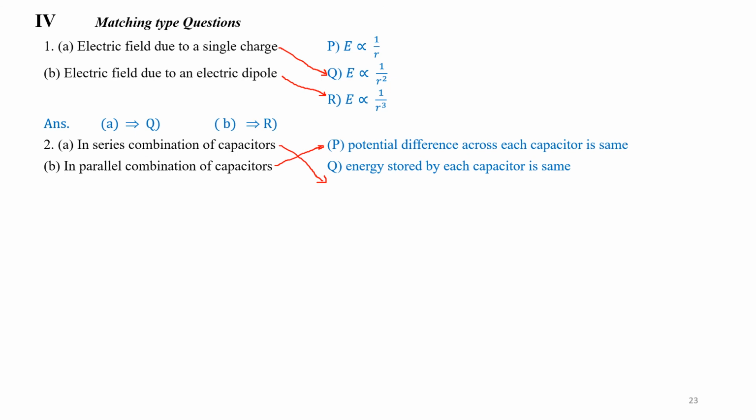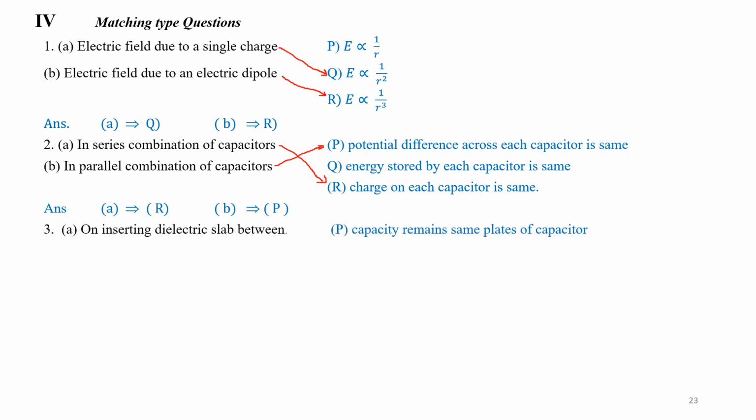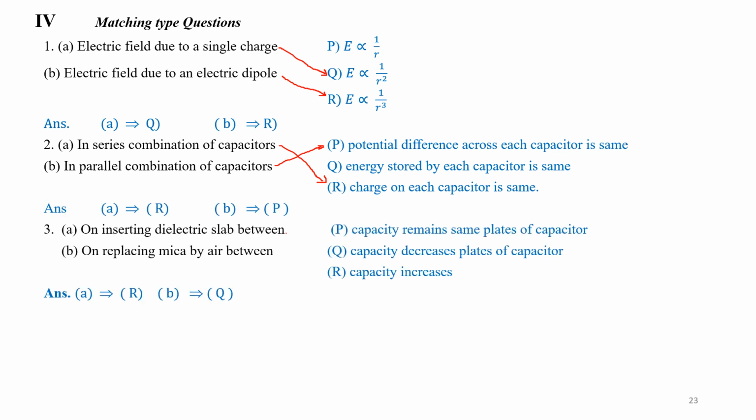On inserting a dielectric slab between the plates of the capacitor, the capacity increases. So when we add a dielectric between two parallel plates, the capacity increases. So A is R. On replacing mica by air, the capacity decreases.